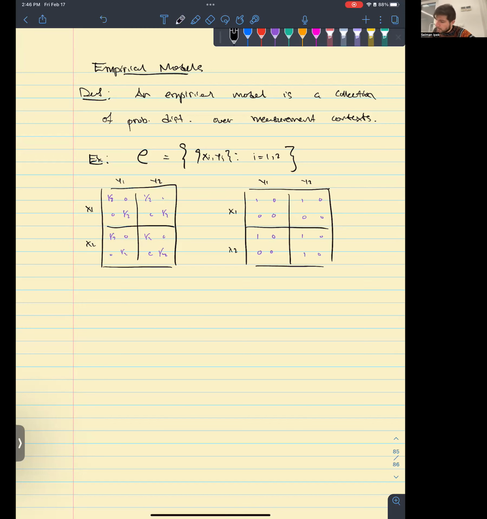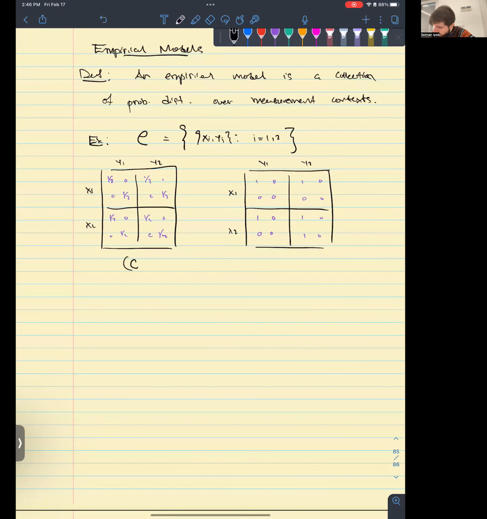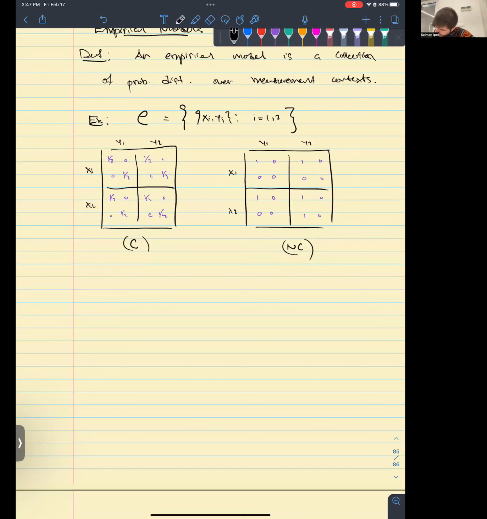So you have 2 types of empirical models, ones that are contextual and ones that are non-contextual. You can split an empirical model, or perhaps I can just write it like this: any empirical model E can be written as a mixture of non-contextual empirical models, basically convex mixtures of the deterministic ones, plus some amount of E contextual.